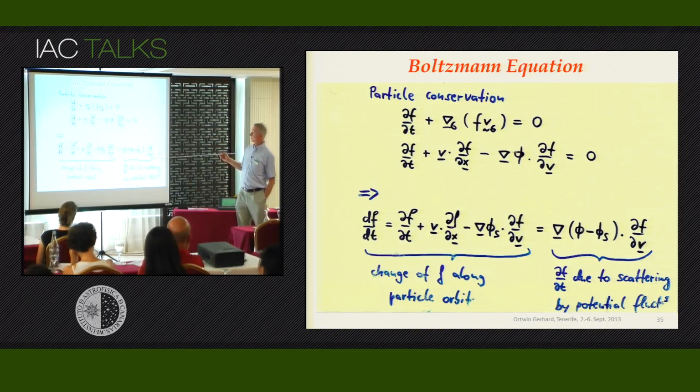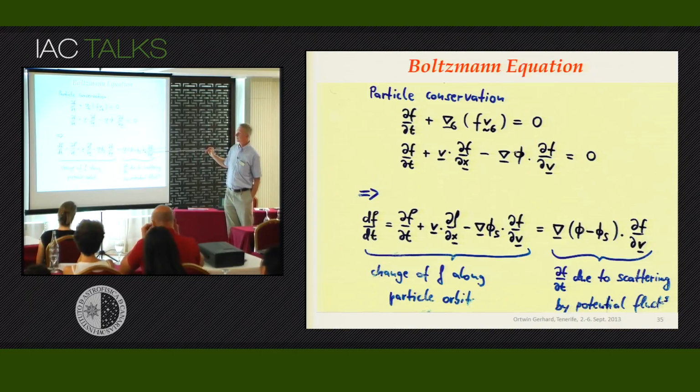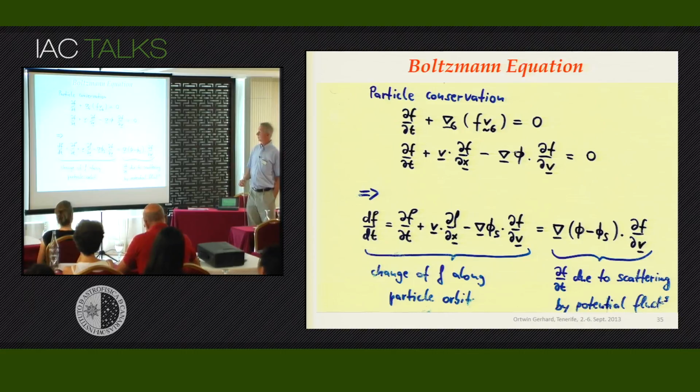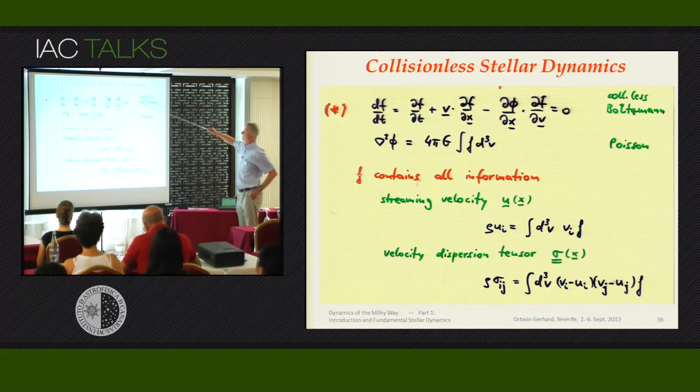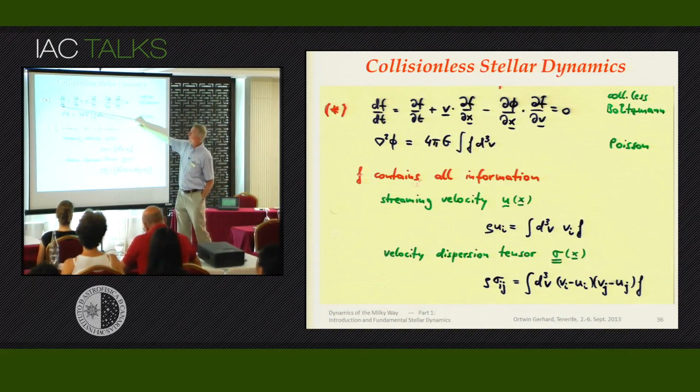But it may be that in some applications there are perturbing forces, perhaps not from other stars, but perhaps from molecular clouds in the disk or from other gravitational fluctuations, and then we may be using this part as well by, for example, assuming these fluctuations are small, and then one can transform into some equations of the Fokker-Planck type, etc. But for the moment, we'll use simply the collisionless Boltzmann equation, which is now this.